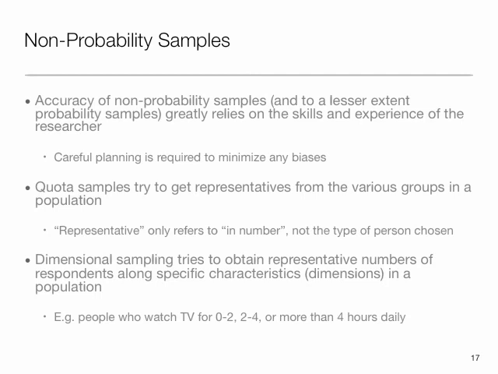Dimensional sampling is somewhat similar to a quota, but you're trying to get a certain characteristic or a certain dimension, and getting enough people from that certain group.